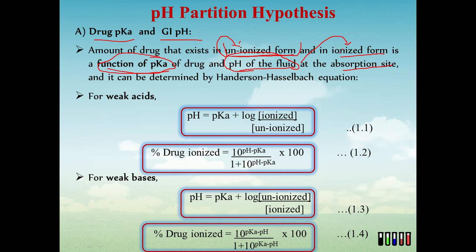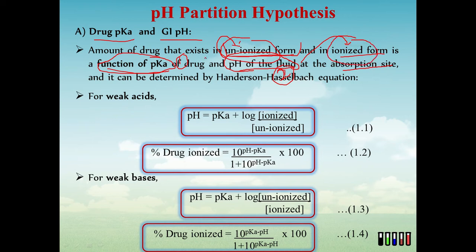Okay, these two factors will define whether your drug will remain in unionized state or ionized state. Which two factors? The first is the pKa of your drug, and the second is the pH at which your drug will get exposed. These two factors will decide whether your drug will remain in unionized form or go into ionized form.